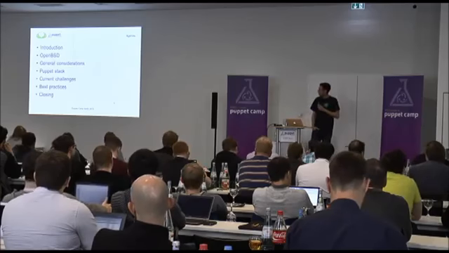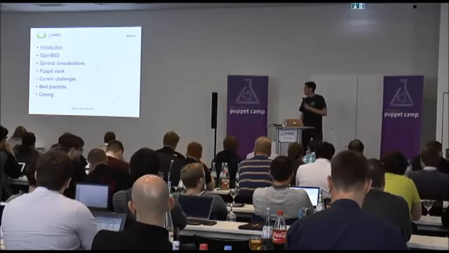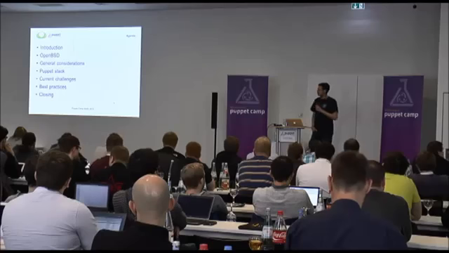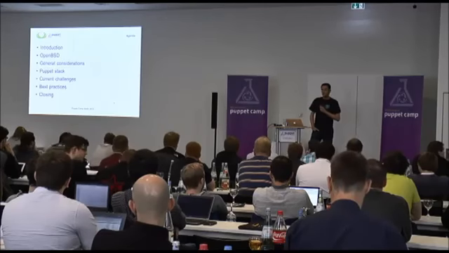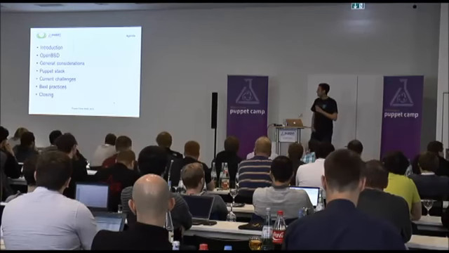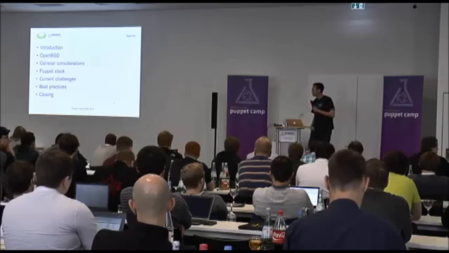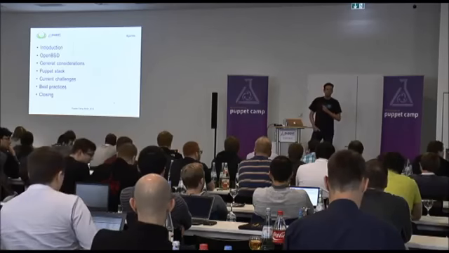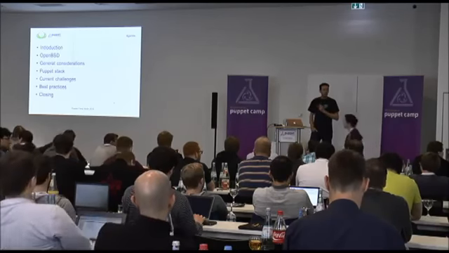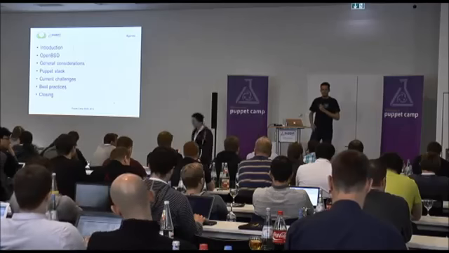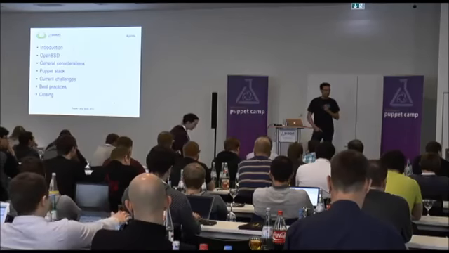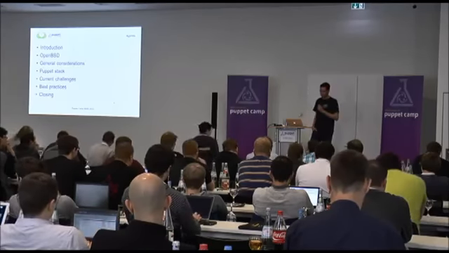So these are some of the items that I'd like to go through. A quick introduction about myself, as well as OpenBSD. Some OpenBSD oddities, as well as a quick overview of the Puppet stack and what was done to several key components to improve their workings on OpenBSD.